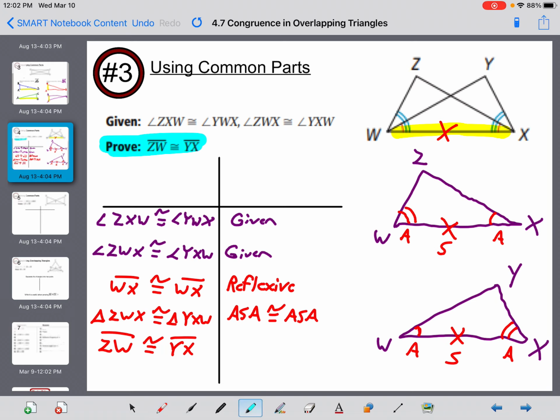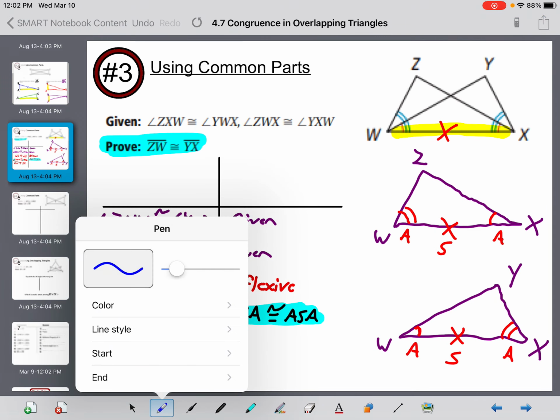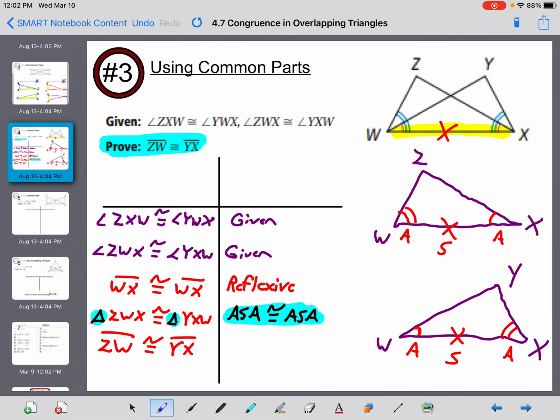Now, once I've said that the two triangles are congruent, okay? Once that's said, we can say that any pieces of the triangle are congruent to each other. So ZW is congruent to YX. And the reason being is called CPCTC.